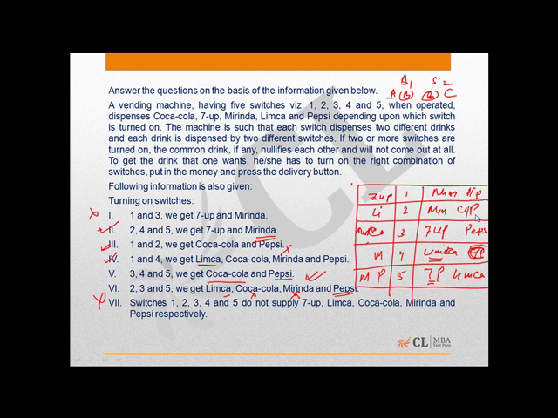So from here Pepsi is the second drink that is dispensed by switch 1. Therefore Coke is the second drink that is dispensed by switch 2, in addition to the drink Mirinda. So that is the complete arrangement.